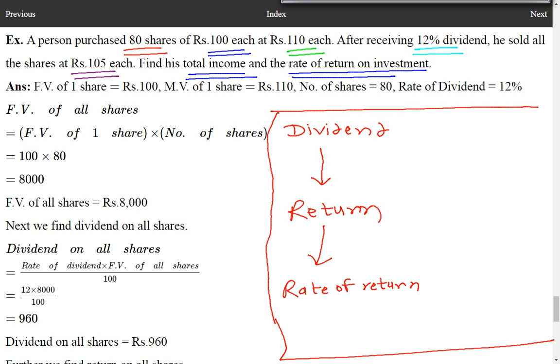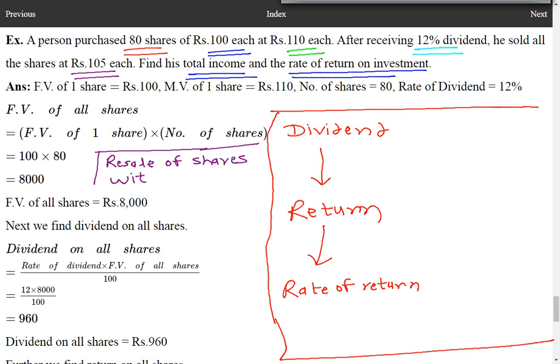Before we solve this example, note that there is resale of shares with loss. Why is there loss? Because a share bought for rupees 110 is sold for rupees 105.